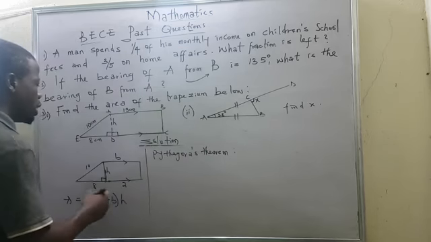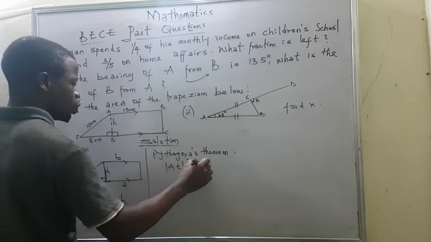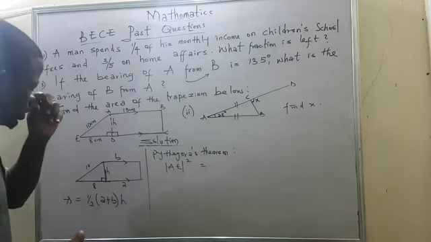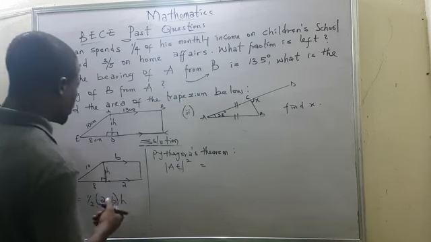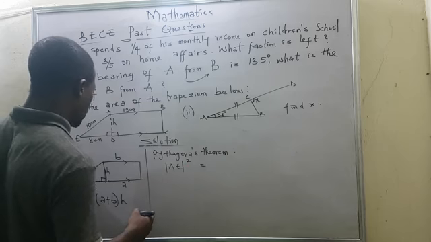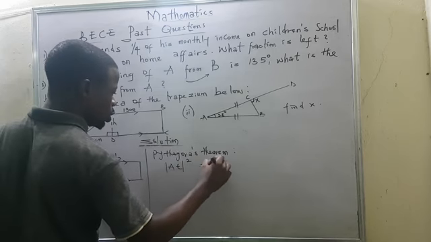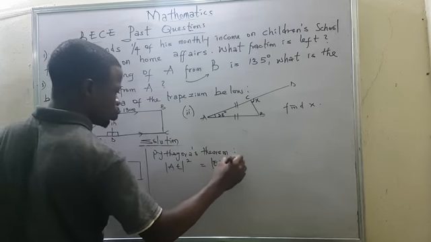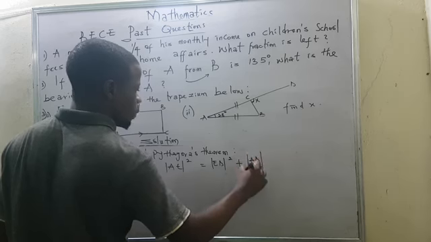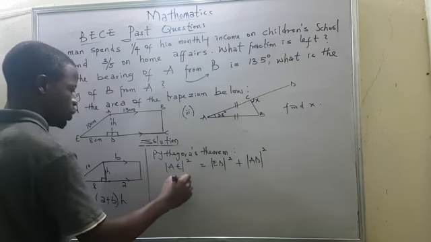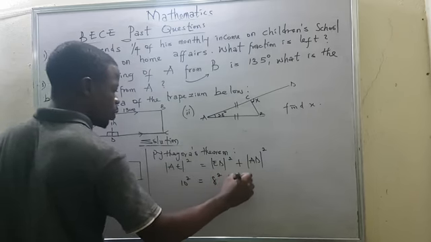Pythagoras theorem states that AE squared, the hypotenuse, where the right angle is facing the longest side of the triangle, should be equal to the square of the other two sides. So that would be ED squared plus AD squared. And that means 10 squared can be equal to 8 squared plus H squared.